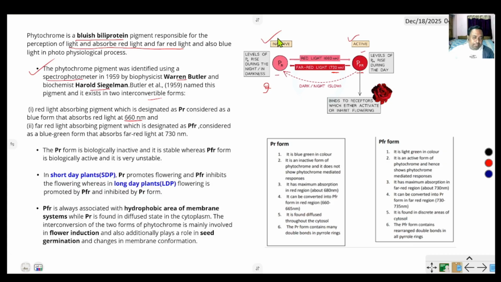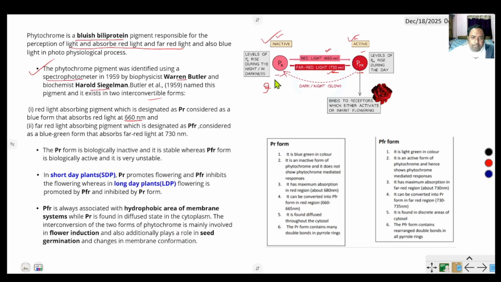PR is a biologically inactive form, but PFR is a biologically active form. PR receives 660 nanometer red light, but PFR receives 730 nanometer far-red light.